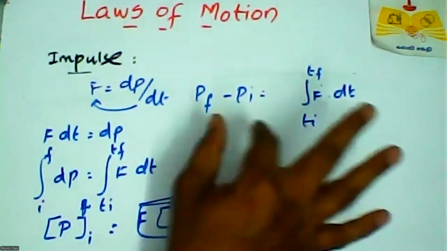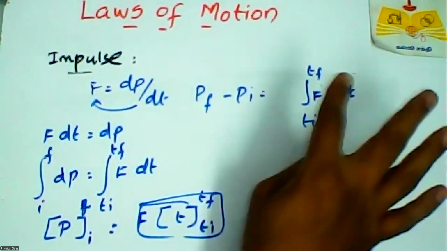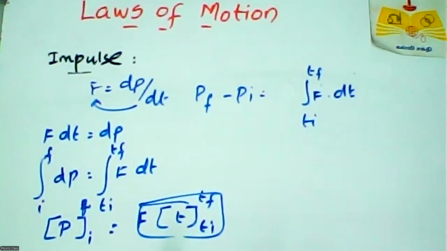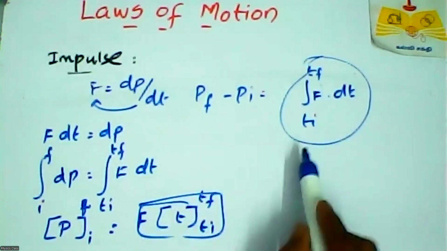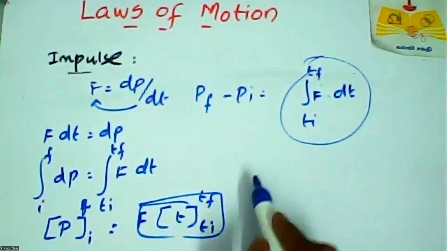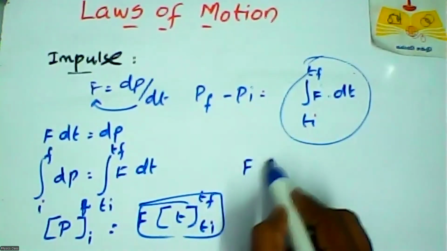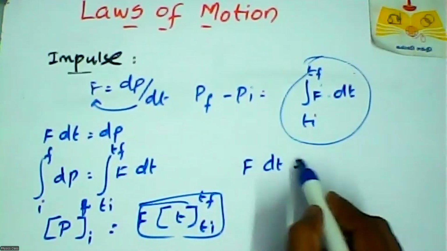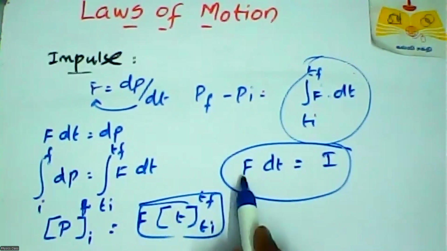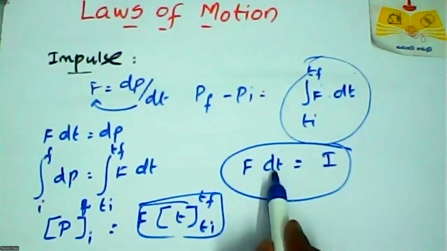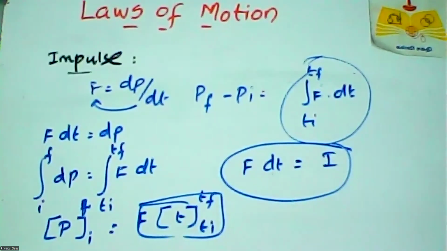So Pf minus Pi is equal to the integration from ti to tf of F dot dt. This term means force dot time dt, which is impulse. A very large force acting for a short duration of time gives impulse.